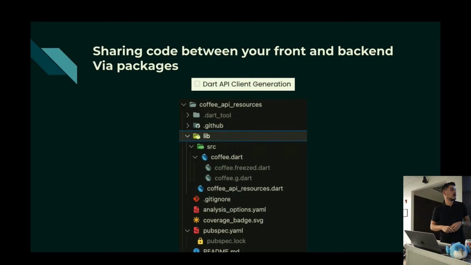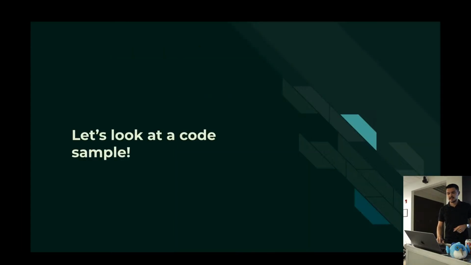In addition to that, they also have some things on the roadmap like API documentation. If you've used Python's FastAPI before, that'll automatically generate some basic API documentation based on the endpoints themselves. So Very Good Ventures is doing a great job really moving in the right direction and trying to take as much workload off of you as possible and generate a lot of really nice to haves. So with that being said, let's take a look at a code sample.